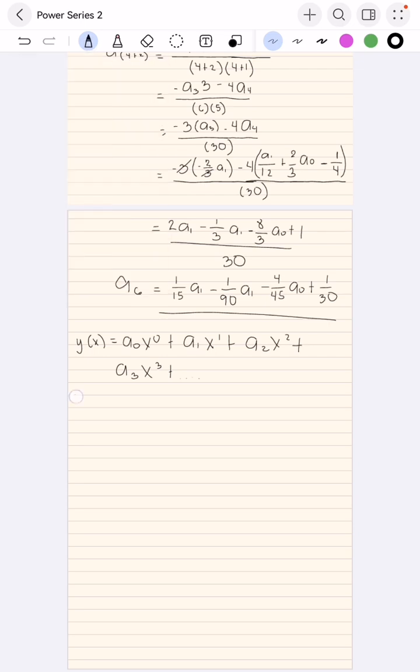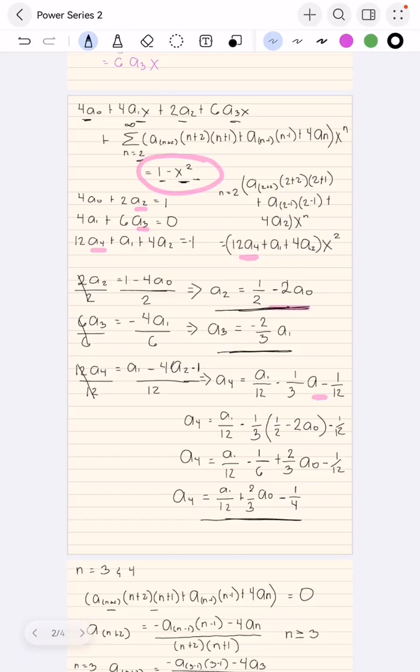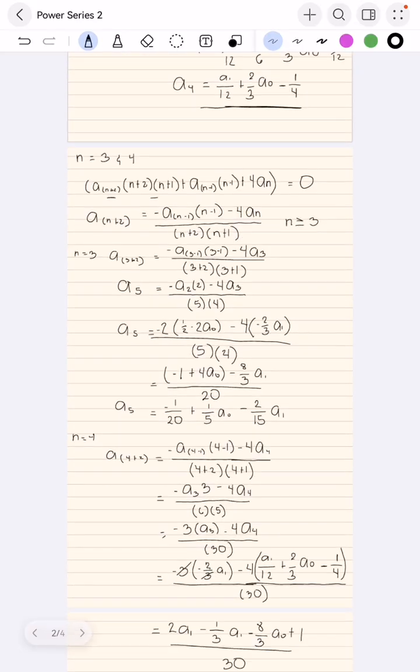So for y is equals to x. So we don't have a1, right? So we start from a2.